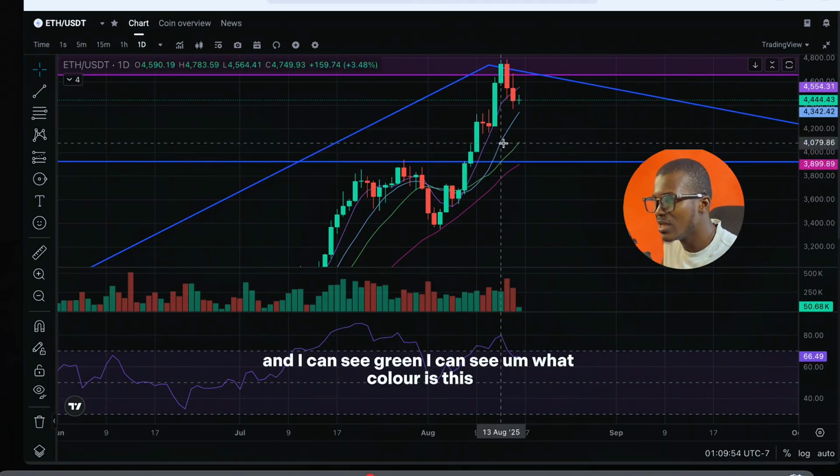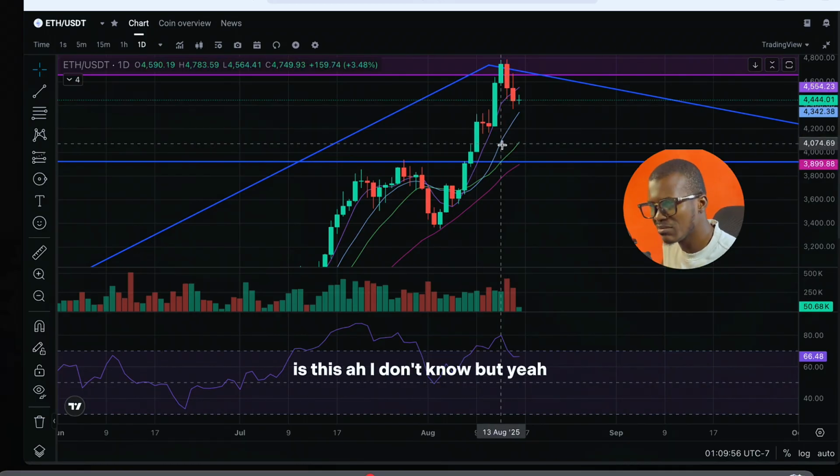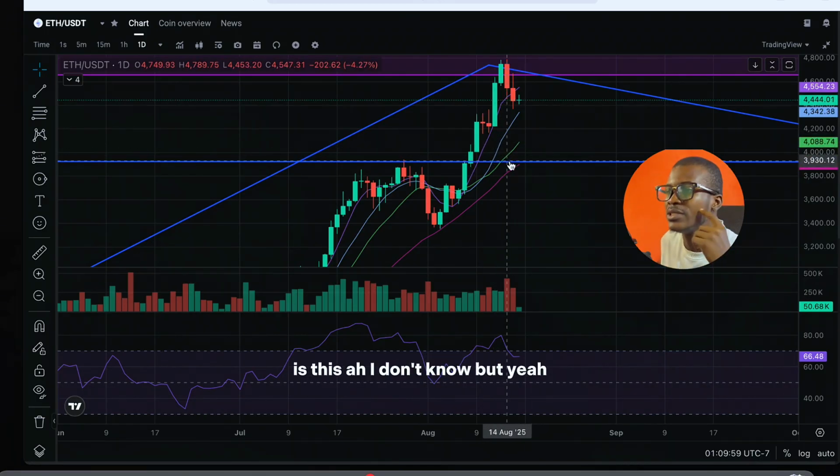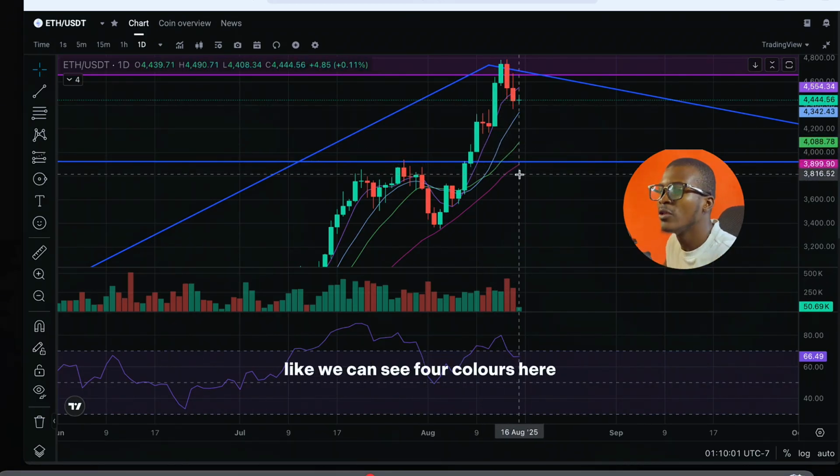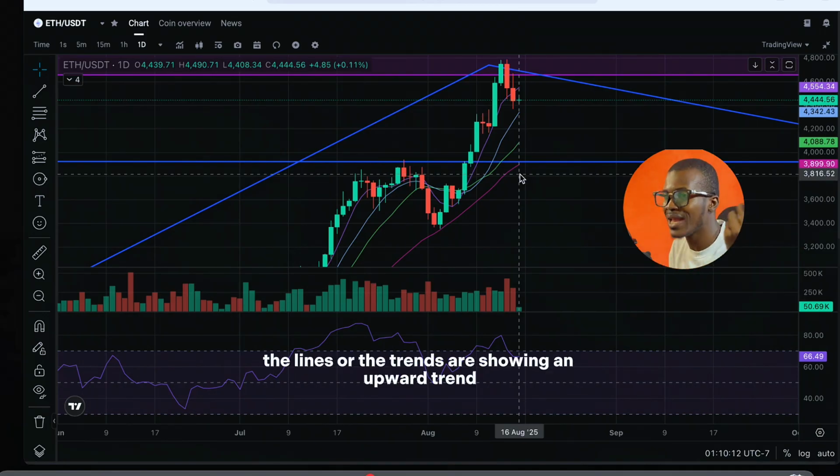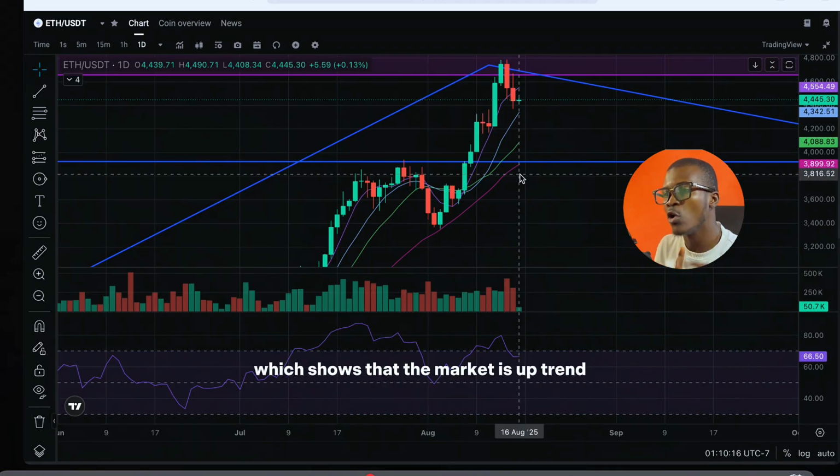But this just helps us to know the direction of the market. Right now, we can see that all the lines are showing an upward trend, which shows that the market is in an uptrend.